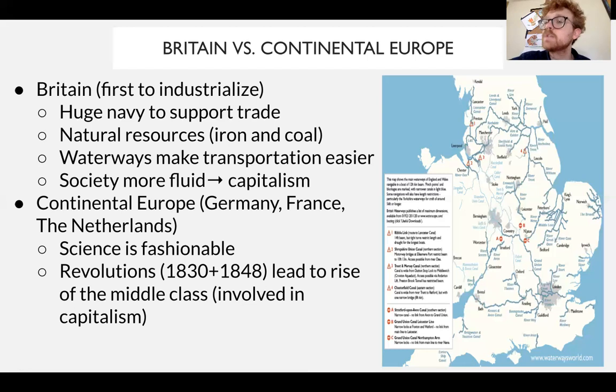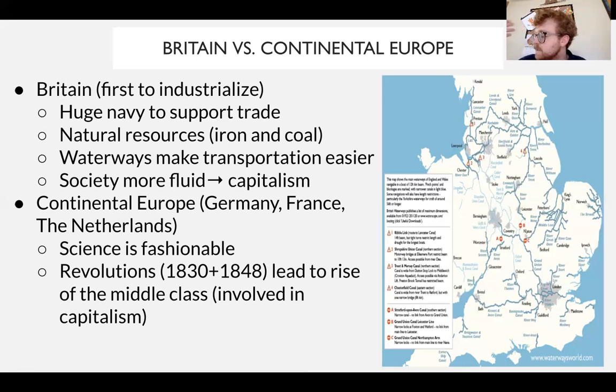So British society encourages entrepreneurship because it is less restrictive based on a noble hierarchy. There is a nobility, sure, but the middle class is not to be ignored. They are an important force in British society, so they are going to develop this new industrialization.